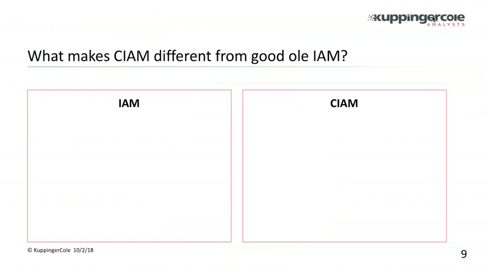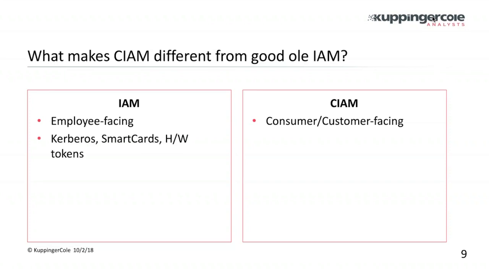So I thought we'd start with a look at the differences between IAM and consumer IAM. IAM in the olden days, or even today, has mostly been about employee-facing use cases, whereas CIAM is consumer, customer, and in some cases citizen-facing.